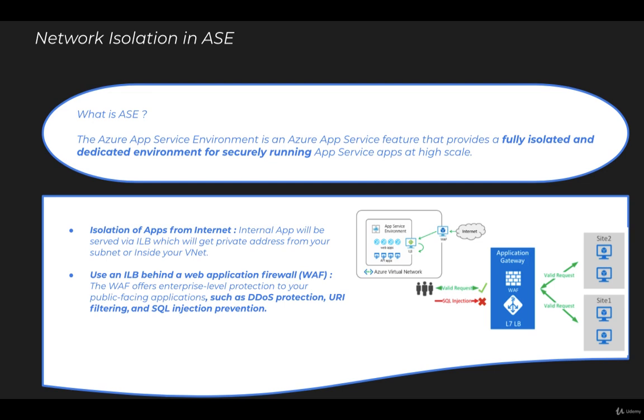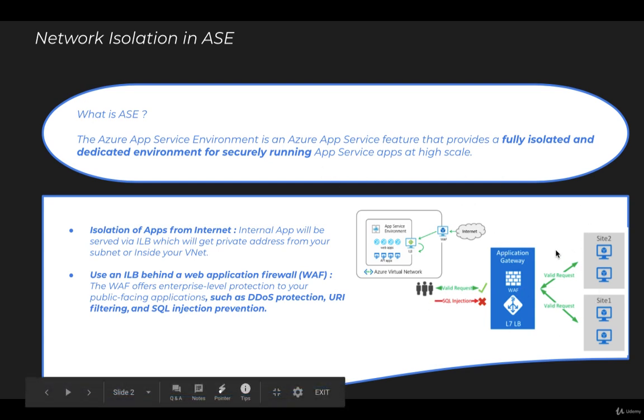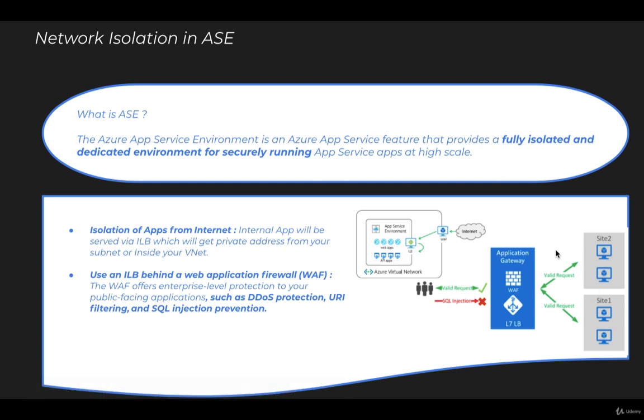All the traffic to these applications arrives from the virtual network where your ASE is deployed, and there is no direct access to a public endpoint until you use a reverse proxy, or in the case of Azure, the application gateway. We use App Service Environment for workloads like expense reporting systems, HR systems, or applications processing highly sensitive data.